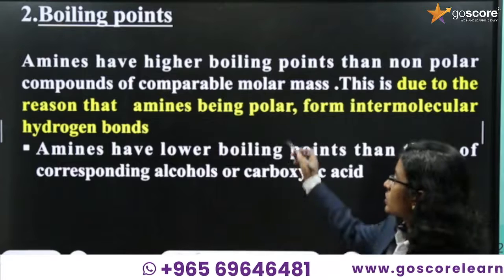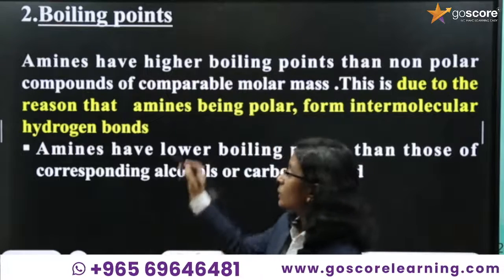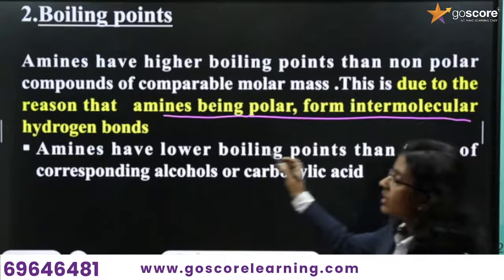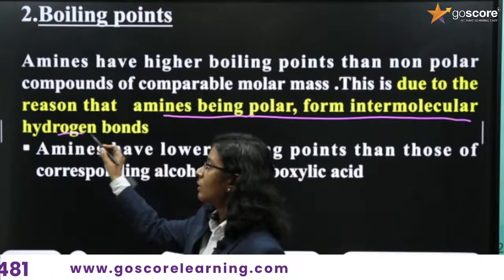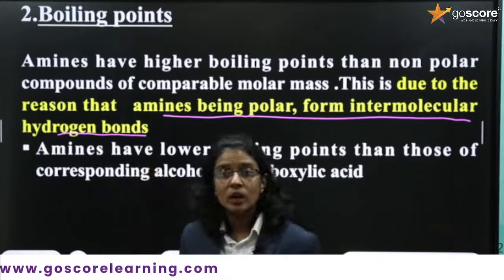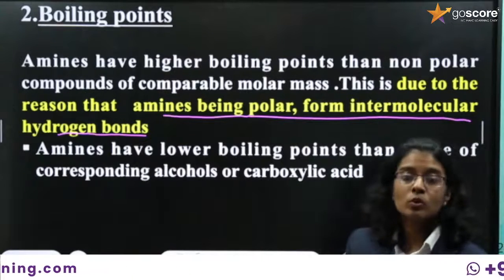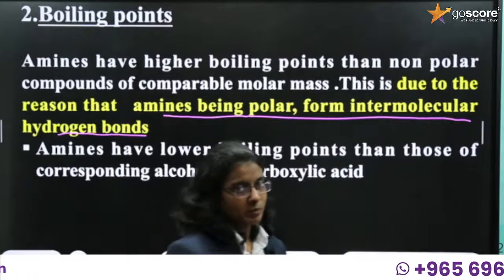Because amines being polar, intermolecular hydrogen bonds will form. So that is the reason why amines have higher boiling point than non-polar compounds of comparable molecular mass.